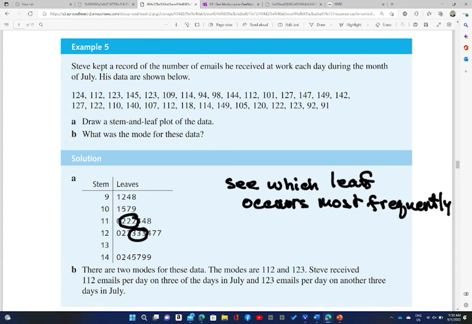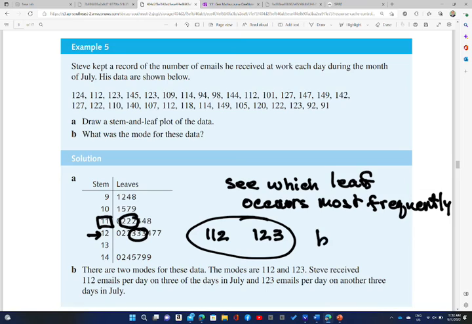And if the stem is 11, that means 11 with a leaf of 2 is really what number? 112. And here, if the stem is 12, and the leaf is 3, that means 123. And so in this case, we have two numbers that occur more often than any other number. So there are two modes. So this is bimodal, right?